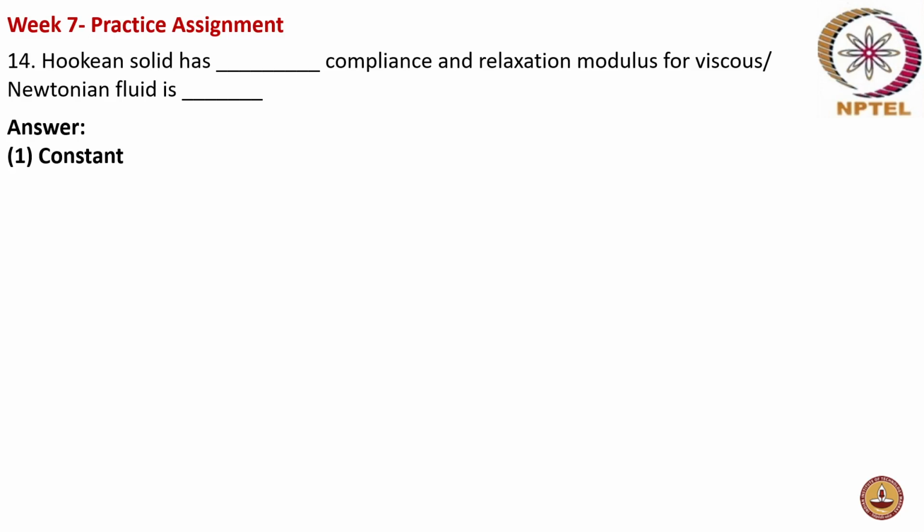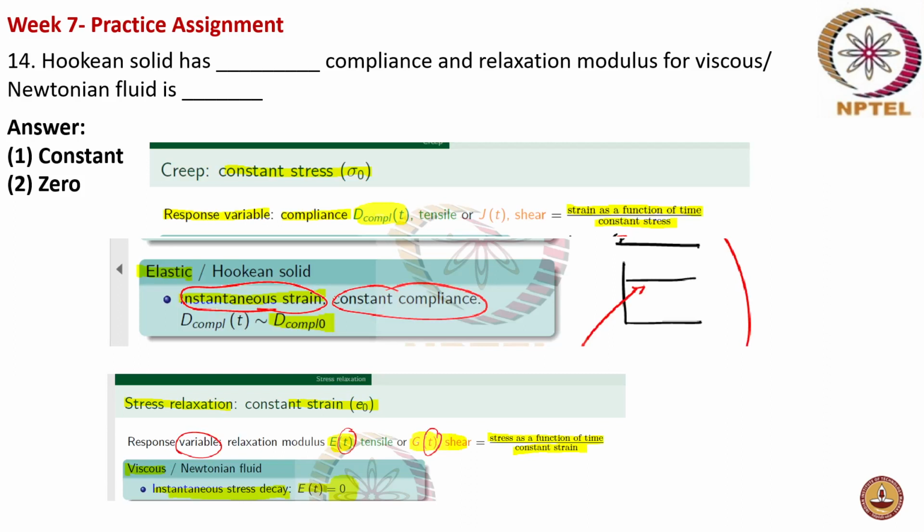And the relaxation modulus for a viscous solid or Newtonian fluid is 0, because the material completely relaxes and it's completely fluid like behavior. That means the solid like behavior is 0.